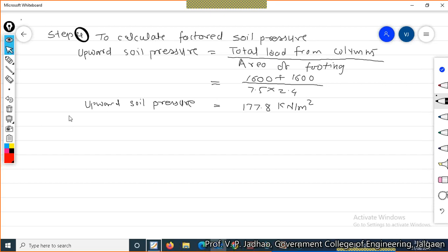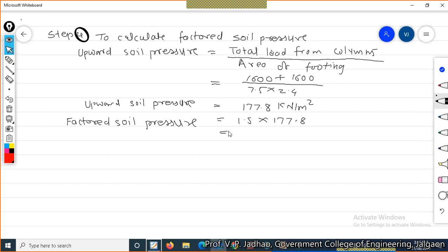Now we have to consider this as factored soil pressure. So multiply it with the factor of safety. Therefore, we get the factored soil pressure equal to 1.5 multiplied by 177.8.